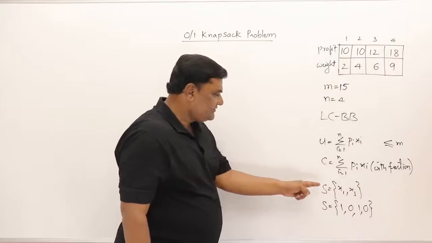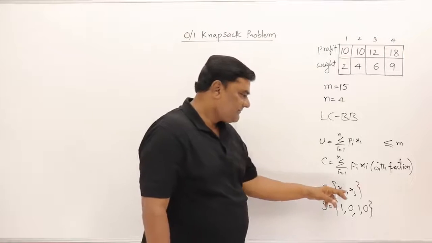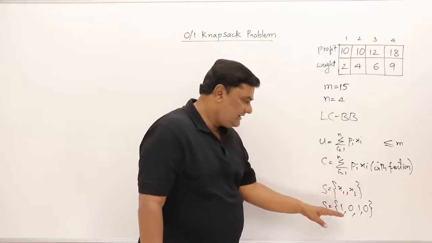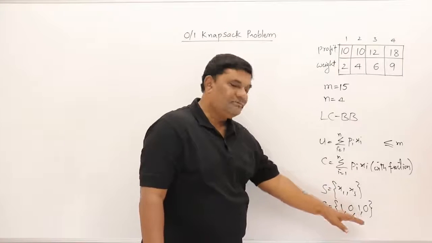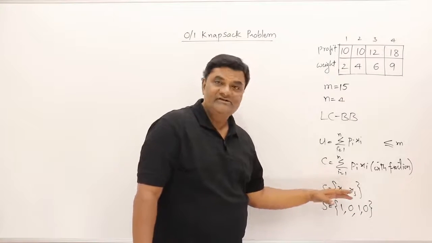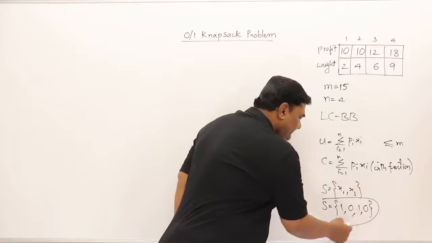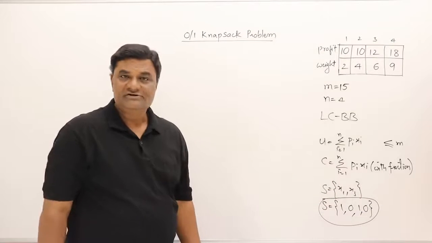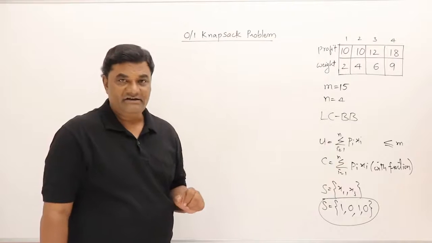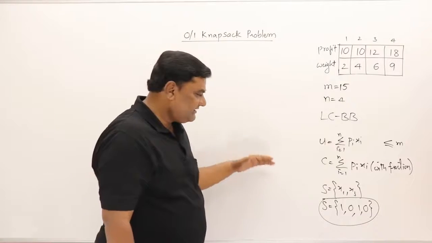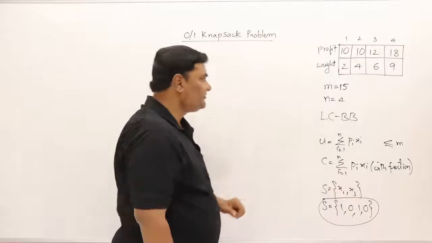If I represent the solution as a subset of those objects, it will be like this, which is a variable size solution, or else I can show zeros and ones for all the objects, which is a fixed size solution. So I'll go with the fixed size solution, that is zeros and ones. So I'll be generating the state space tree for this type of solution.